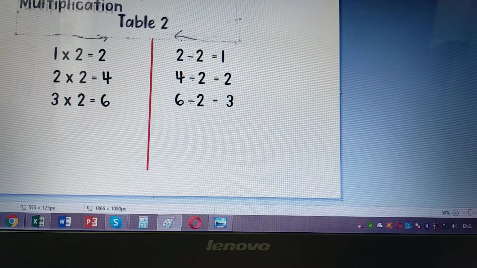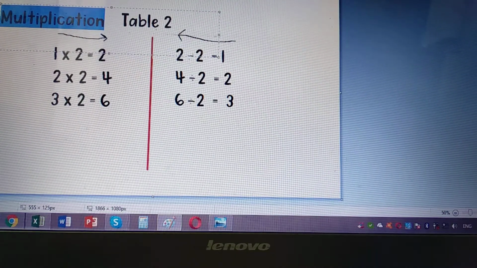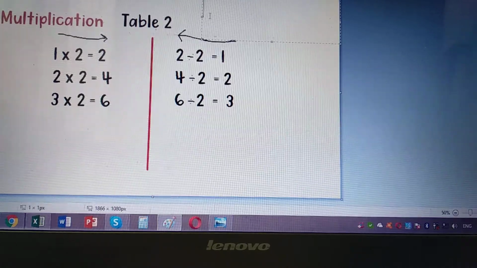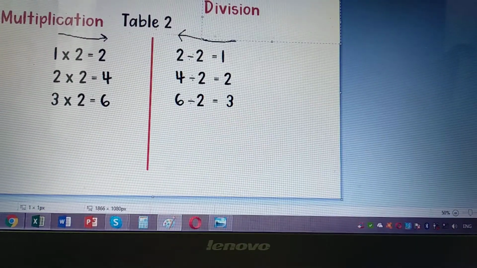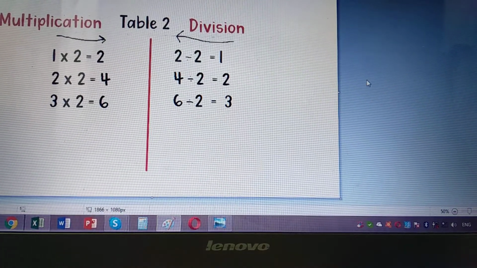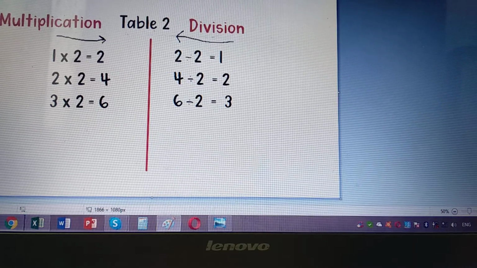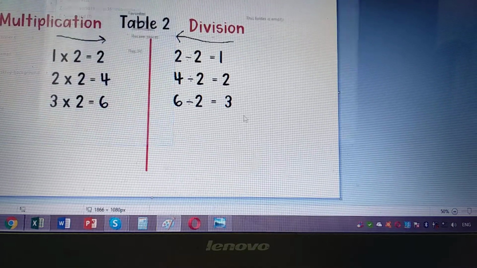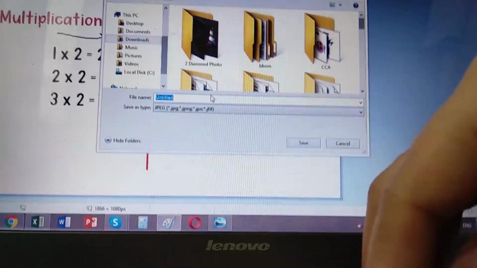So you don't have to worry about finding the answer, because the answer is in the multiplication table. I will put this in Class Dojo so you can take a look again.